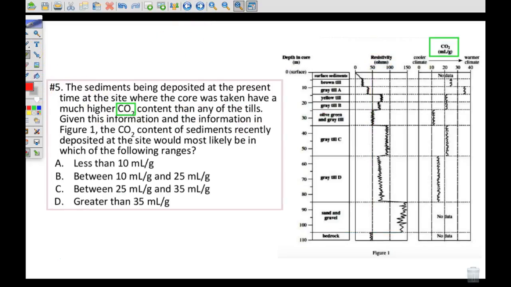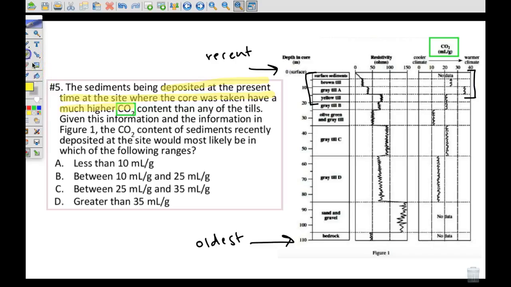In the last question, it asks, the sediments being deposited at the present time at the site where the core was taken have a much higher CO2 content than any of the tills. So remembering that the materials up here are most recent and the materials deposited 110 meters below are our oldest, we're going to look at just the beginning part of our table here.